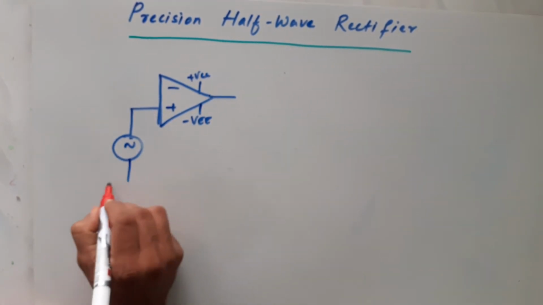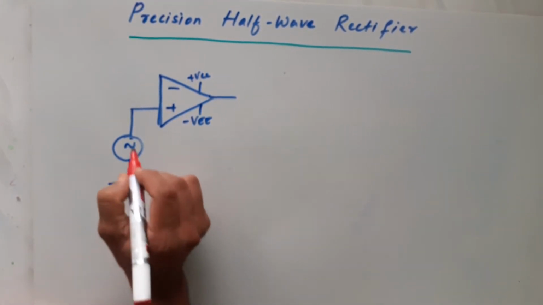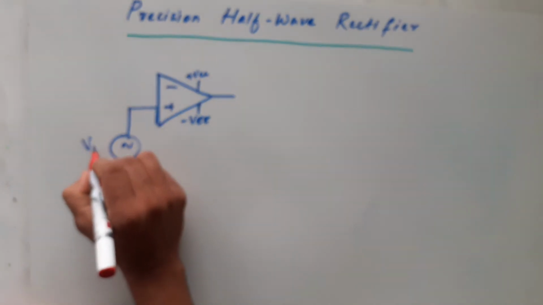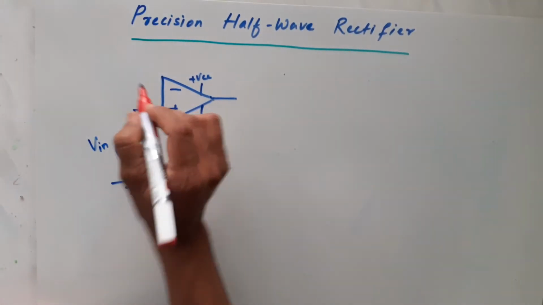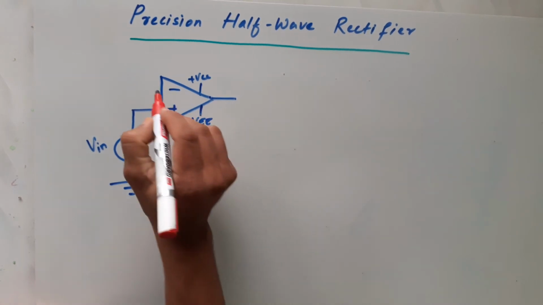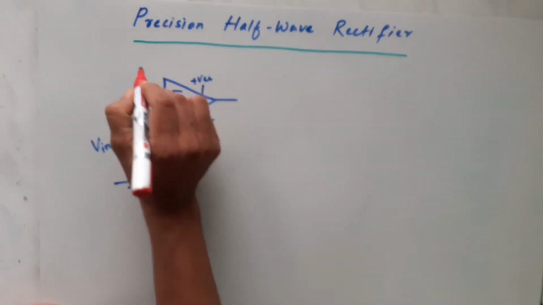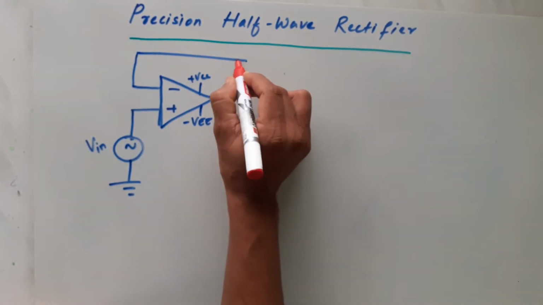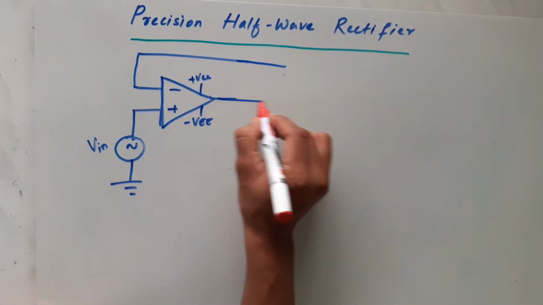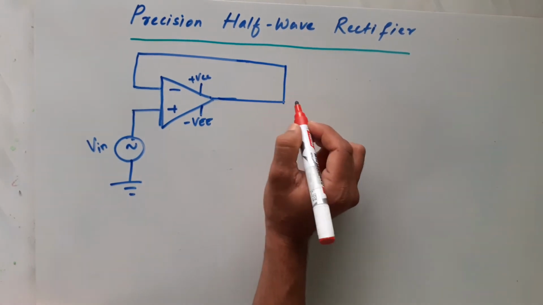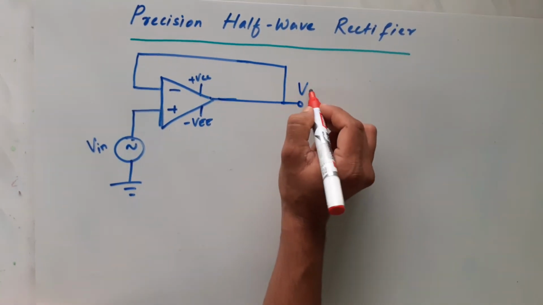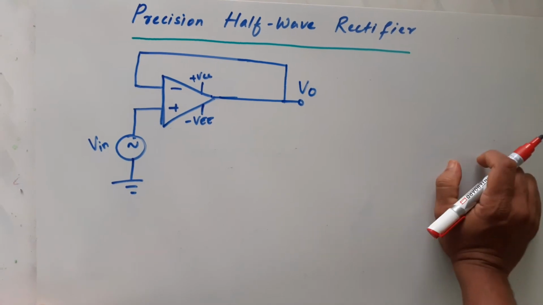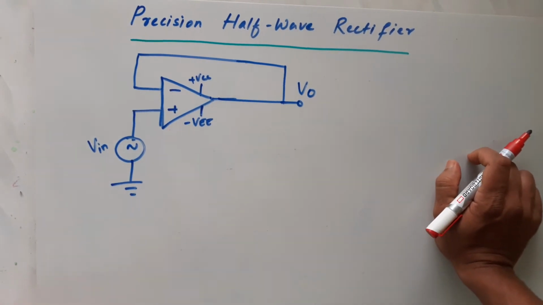AC voltage V in is applied. Now here a negative feedback is given without any resistor. You know this circuit. What is this? This is a voltage follower circuit.